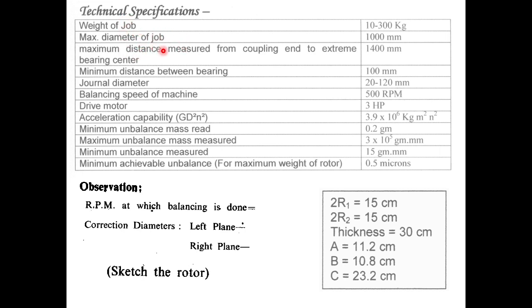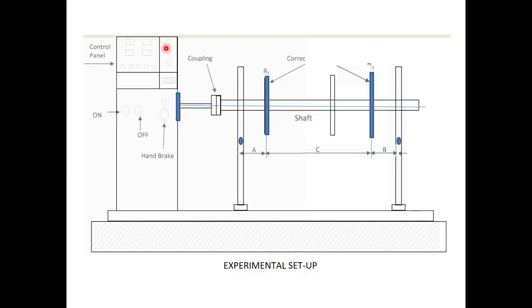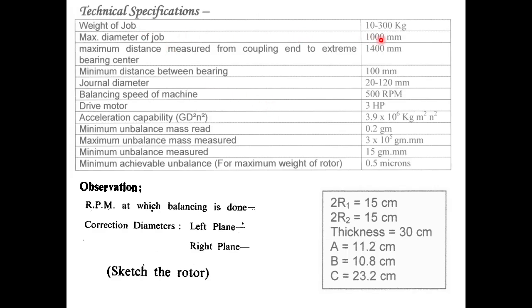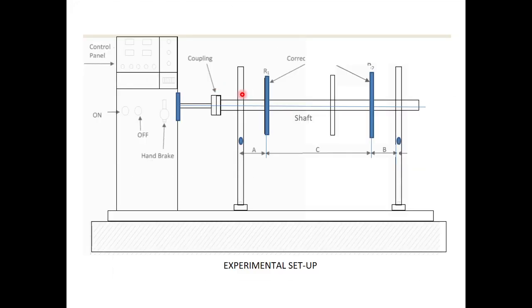Maximum diameter, what is the restriction? This is the restriction. There might be some other restriction from which they have given the specification. Maximum distance measured from coupling end to extreme bearing center. Minimum distance between bearings. Minimum distance, you understand?